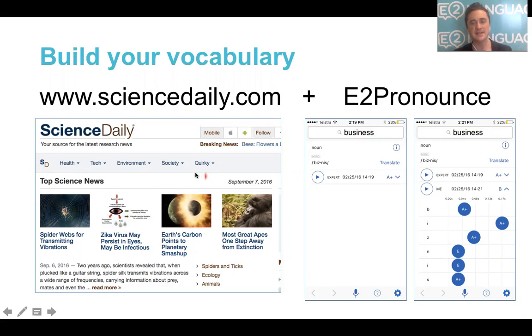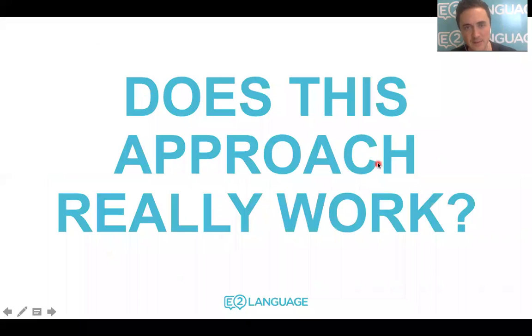And sciencedaily.com is a very similar academic level to the PTE. The articles on here are the kind of texts that you'll see in the PTE. So these two together, that's a real little key for you, especially for free users who can't access e2language.com's full content.